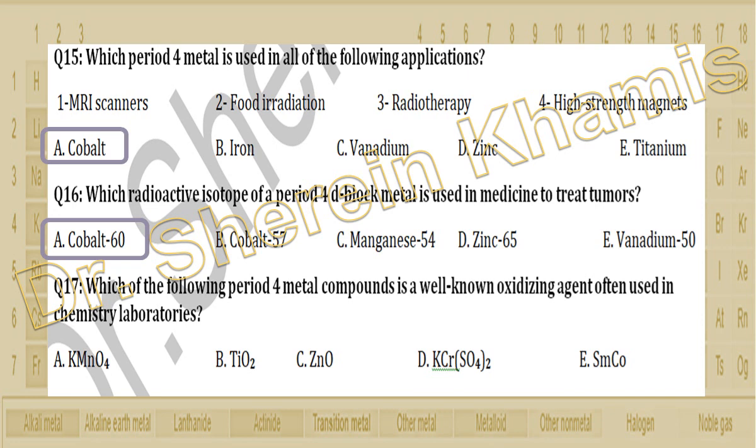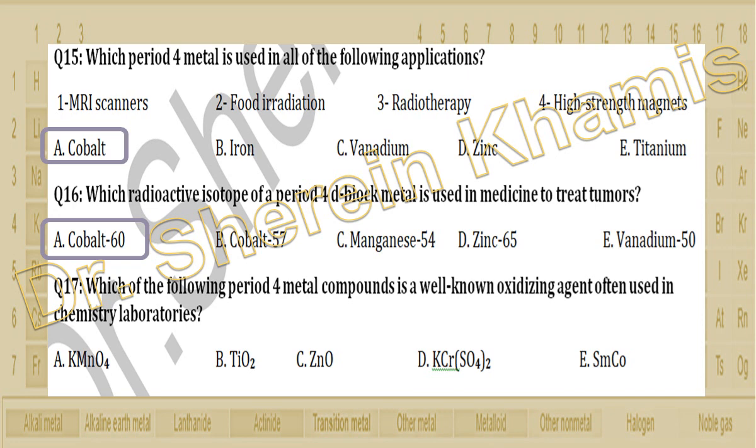Which of the following period 4 metal compounds is a well-known oxidizing agent often used in chemistry laboratories? We have potassium permanganate, KMnO4, titanium dioxide, TiO2, ZnO, zinc oxide.